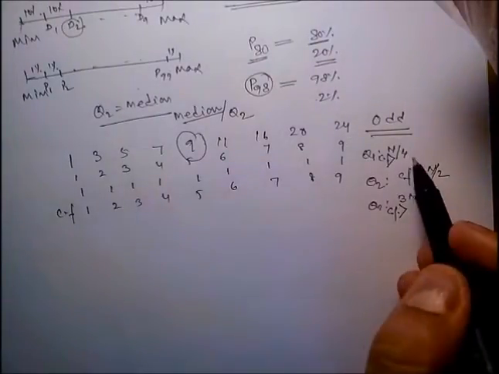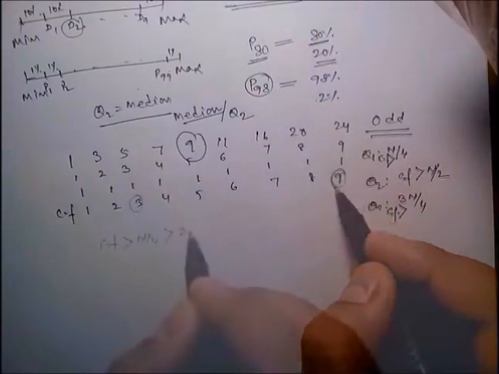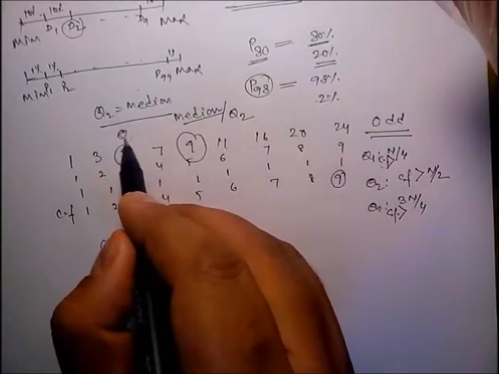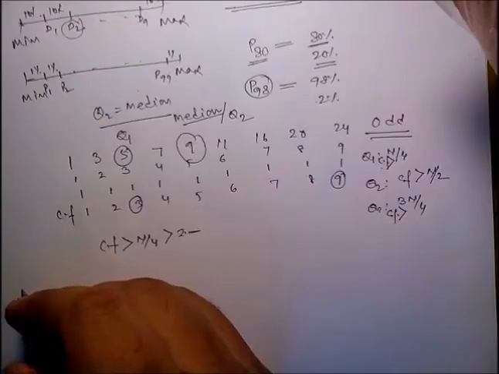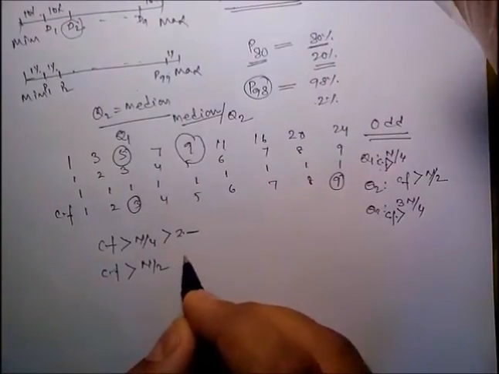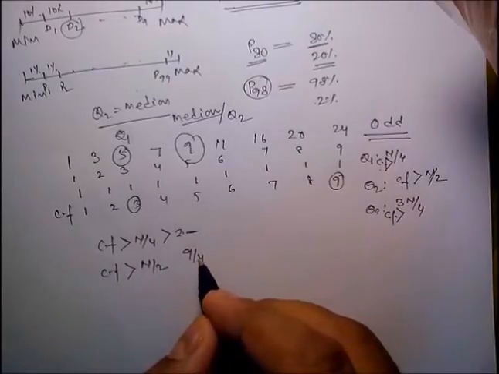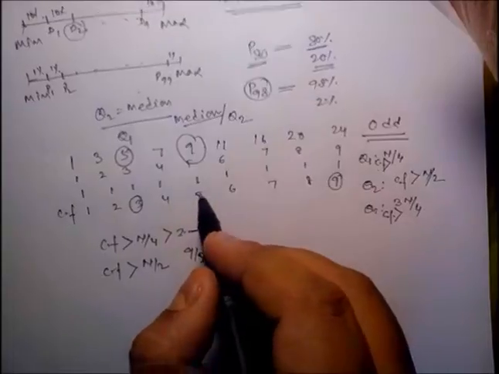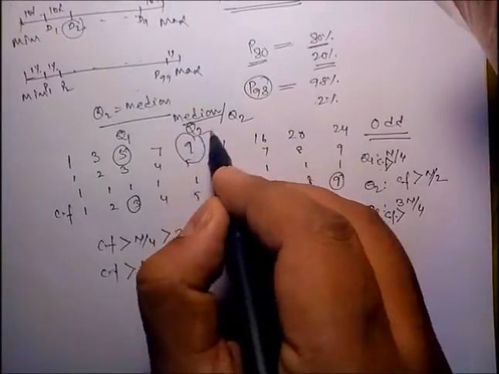Now n by 4, where n is 9, is 2.25, so the Q1 value is 5. Now cumulative frequency just more than n by 2, that is 4.5, so just more than 4.5 is 5, so this is our Q2.